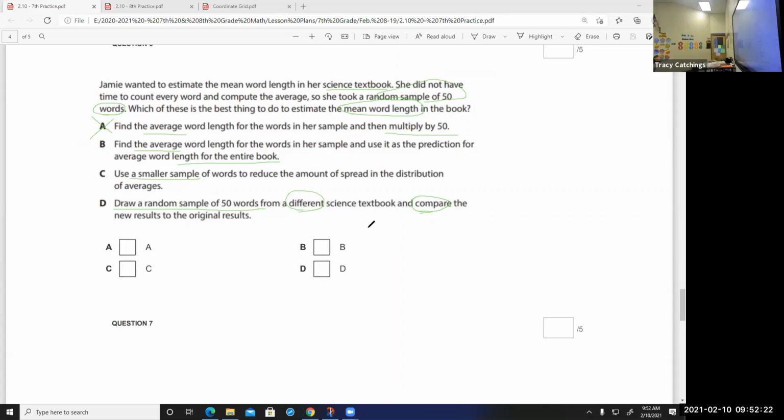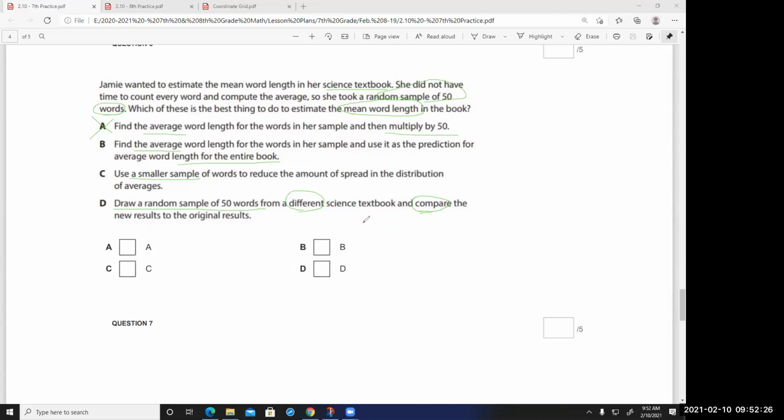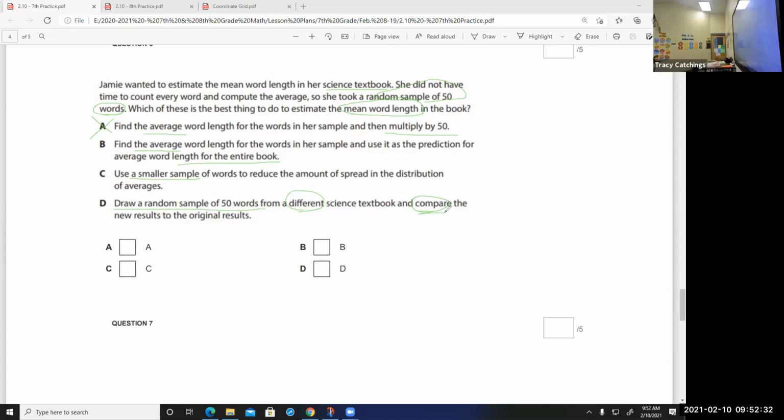Anything else you wouldn't want to do? D. Okay, D. Yes, I definitely wouldn't choose D. I'd have to choose another science book and count in that book too and then compare. No, I'm not doing all that.